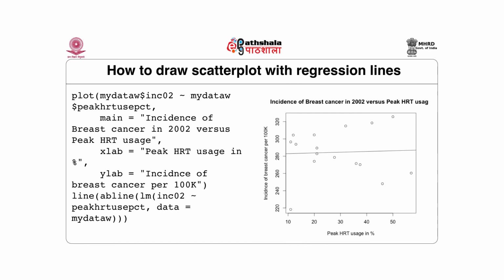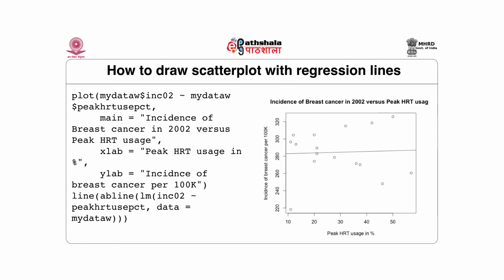For example, here we have decided to plot the incidence rate of breast cancer in the year 2002 against the peak HRT use percentages, which we treated as a continuous variable, and put it in the form of a graph. See how easy it is to construct a graph. R almost intuitively knows what kind of variable you are dealing with, and accordingly it plots the graph.